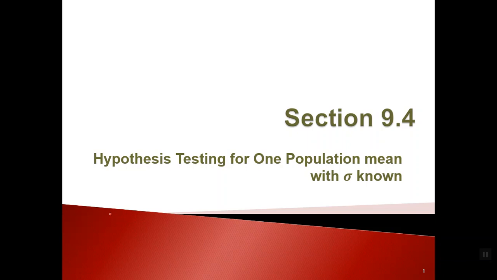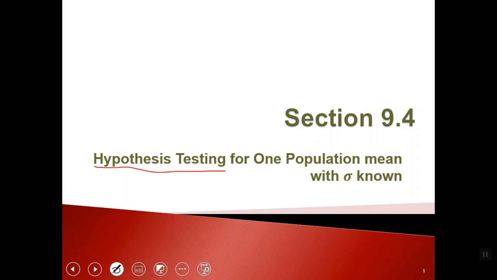We learned p-value and critical value. So in this section 9.4, I think this is the most important section in chapter 9. We are now going to apply whatever we've learned so far into this hypothesis testing.